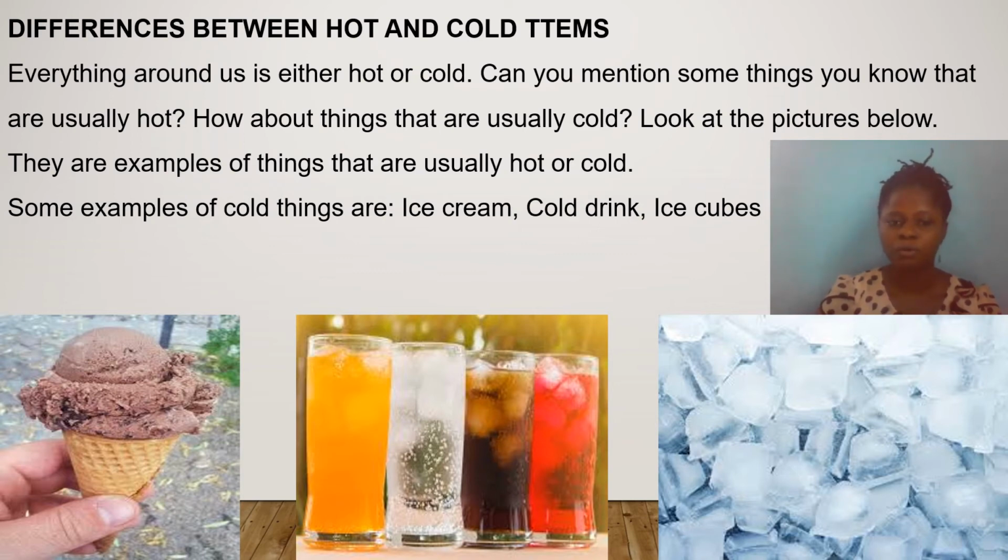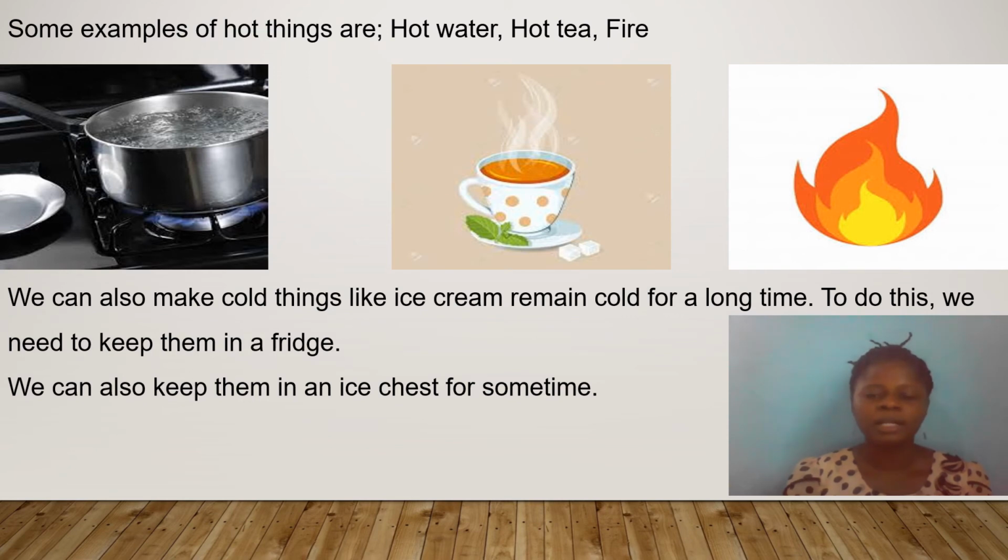Like I mentioned, ice cream, cold drinks, and ice cubes are usually cold. Now let's look at examples of things that are usually hot, like hot water, hot tea, and fire log. They are all hot items or materials.